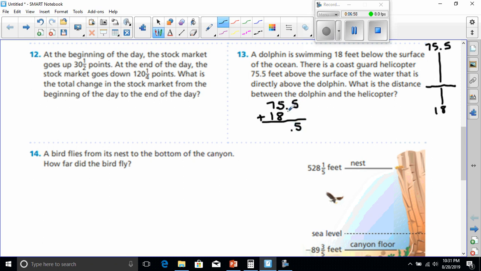This would be our decimal. 3 will be carrying 1, but you make that 93.5. And we're talking feet, so let's put our unit of measure there. 93.5 feet. That's the distance, 93.5 feet.